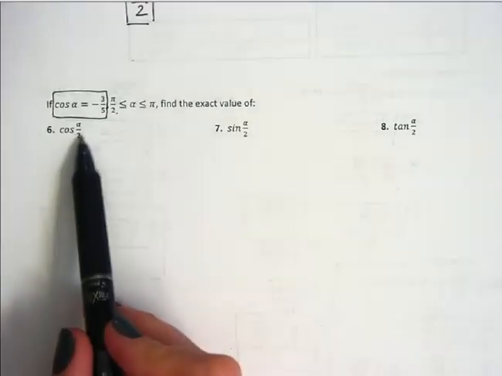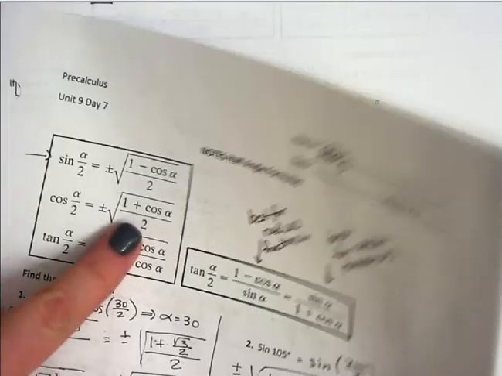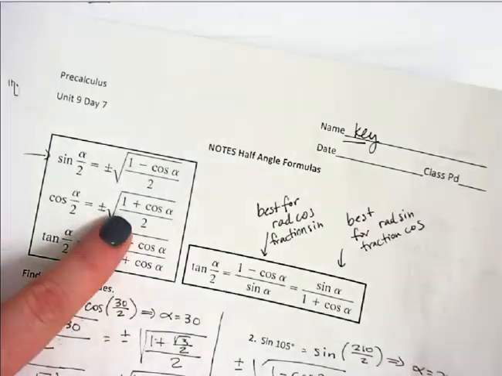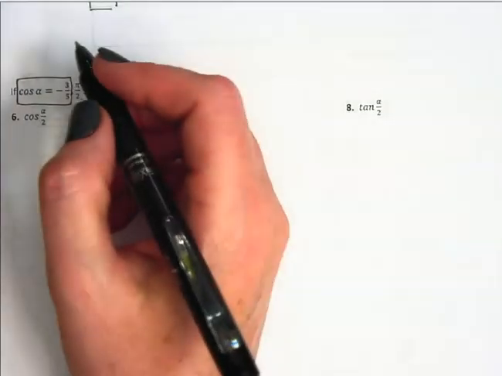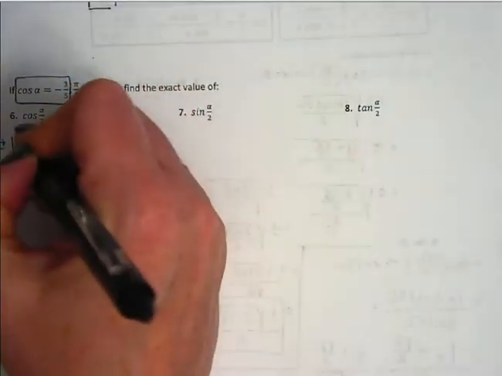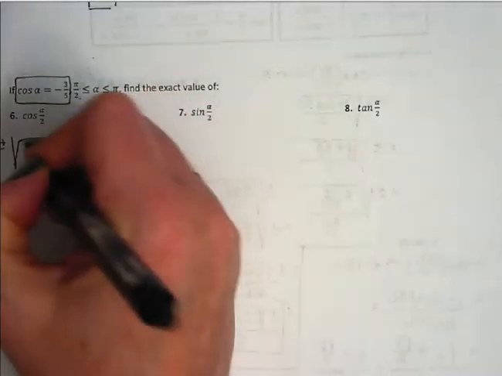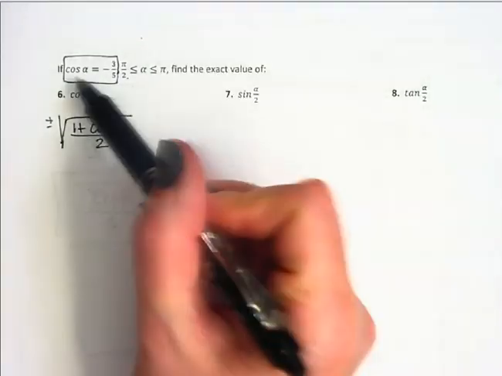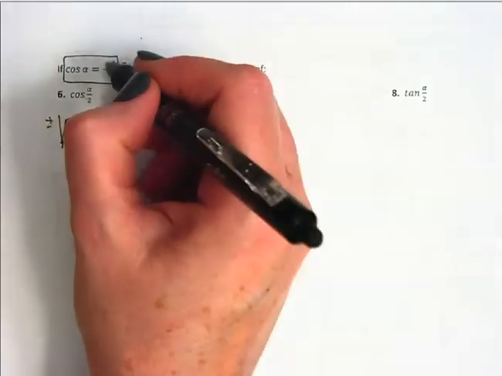So for this first one, cosine alpha over 2, we're going to be using this cosine formula, square root of 1 plus cosine alpha over 2. So there's the general formula, and we know that cosine of alpha equals -3/5. So I can substitute these two things in for each other.